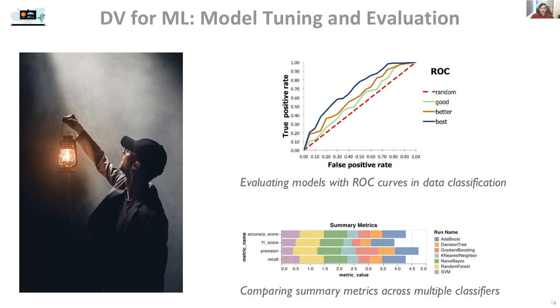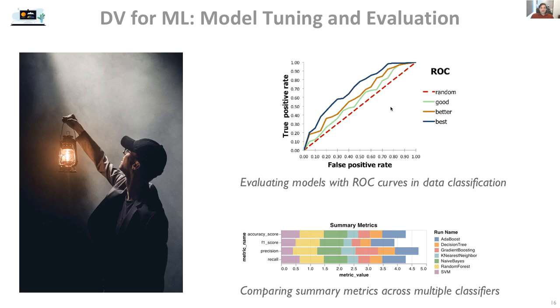One of the most commonly used visualizations to evaluate the performance of machine learning algorithms is the receiver operating characteristic, or ROC curve, which visualizes how well models can classify a binary outcome. ROC curve is generated by plotting the true positive rate of a model against its false positive rate for each possible cutoff value for distinguishing the two values of a binary outcome.